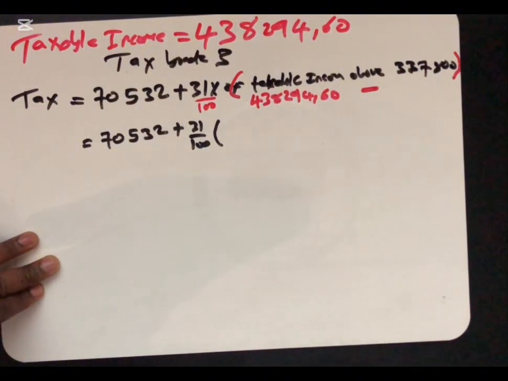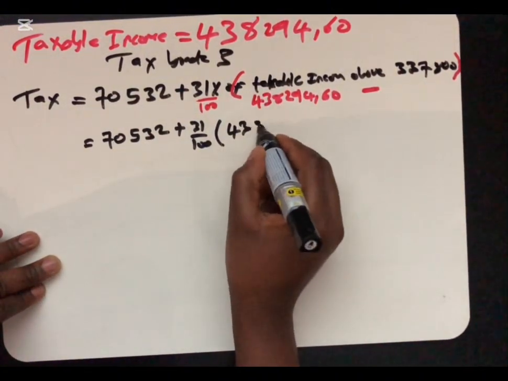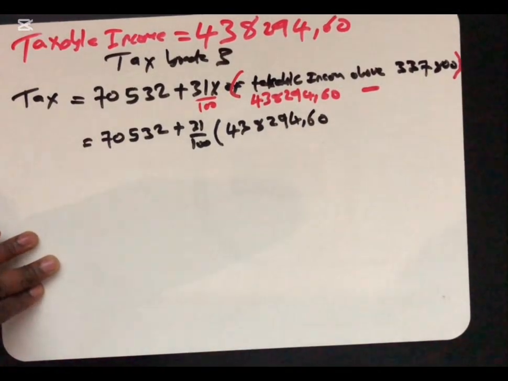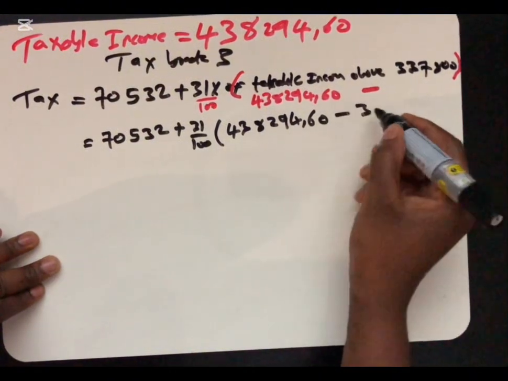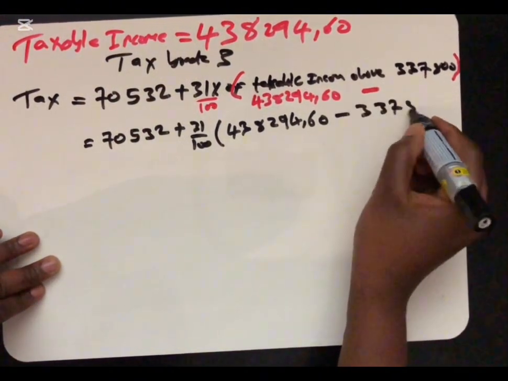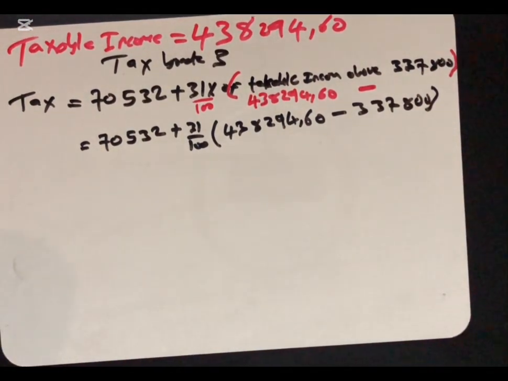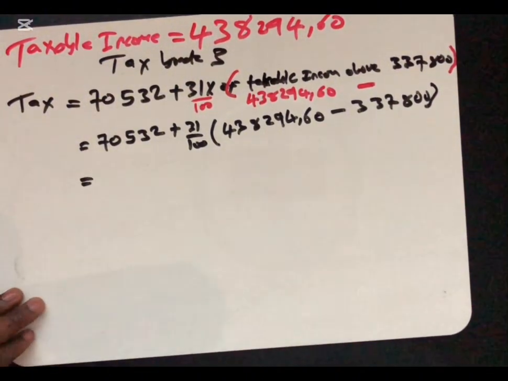Where you're supposed to write taxable income, you write 438,294.16. Where you're supposed to write above, you write minus, then 337,800. Then you close the brackets. You have substituted into the equation in the right way. Then from here, you begin to calculate.